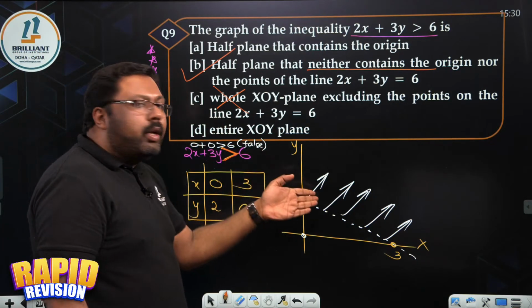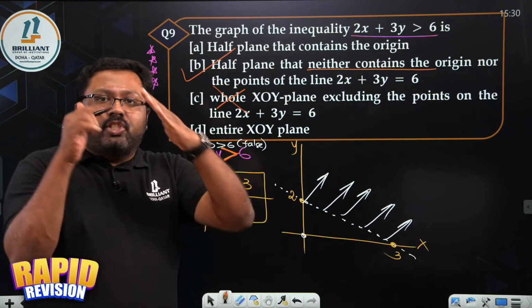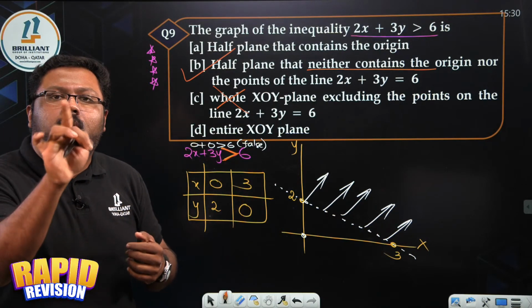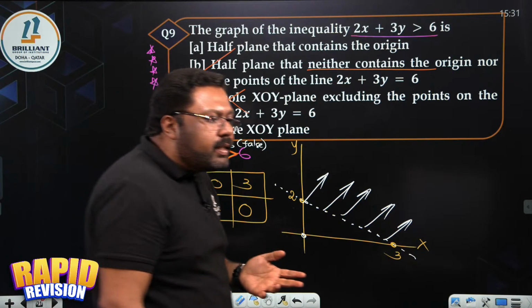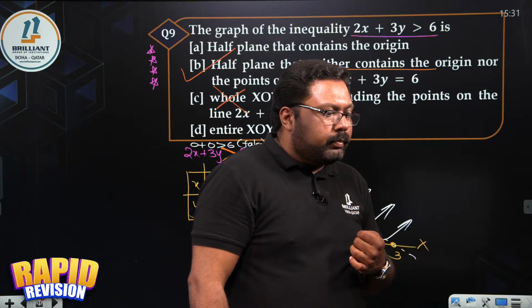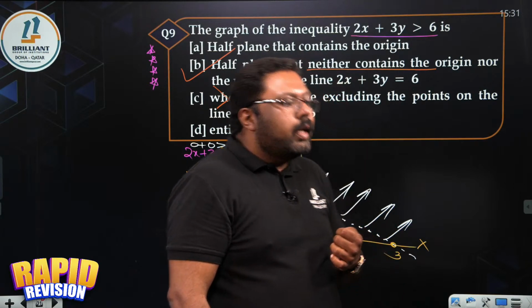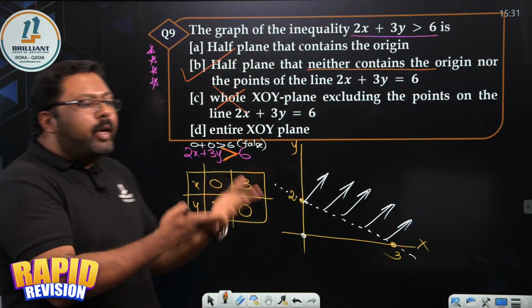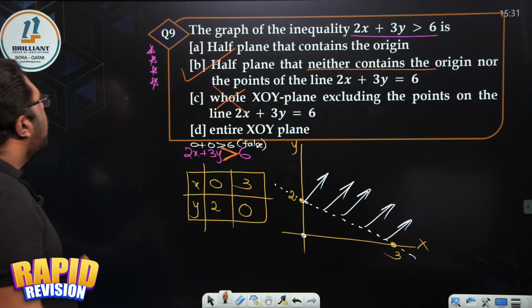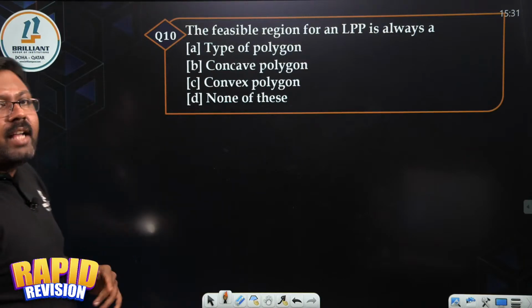Check with the inequality: if it is strictly greater than or strictly less than, it will not contain the line either. Clear, all of you? Yes, the same thing we do for a normal inequality in an LPP problem.